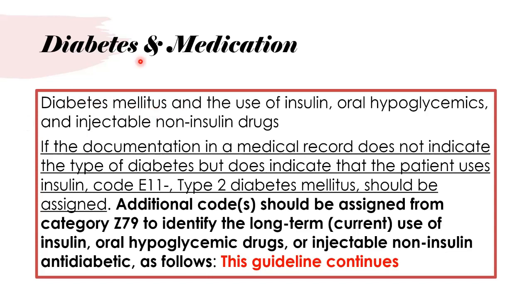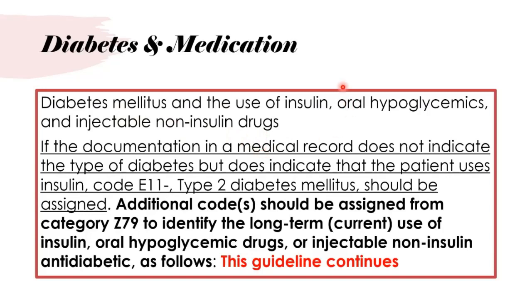But we also know that to treat diabetes, some diabetics have to take insulin. Also, we know there are oral hypoglycemics. There are pills that people can take that decreases their blood sugar levels. Okay, and also we know there are some injectables that are non-insulin drugs. So more like I call it like a liquid pill, but you inject that into your stomach area.